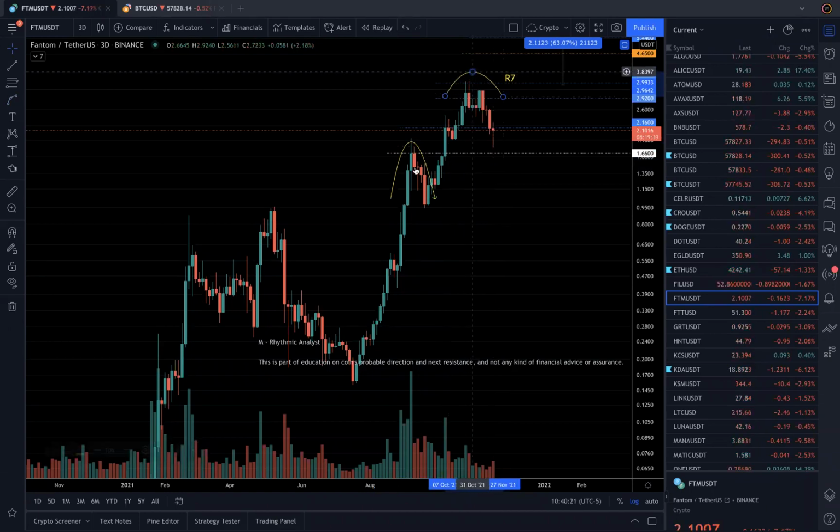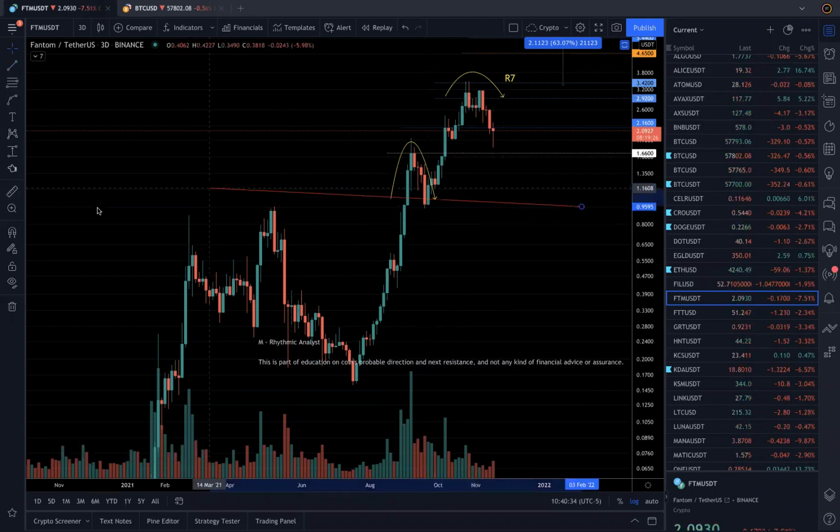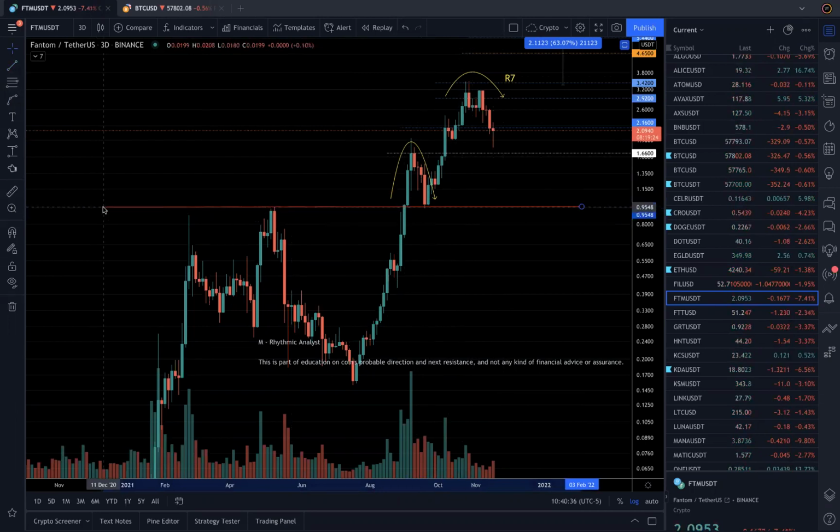You see, this is the head, this is the left shoulder, and then this gives you the neckline, which is also the high of this one. So this is so interesting. You can actually extend this whole thing like this. This is the most important boundary. If this is broken below, this is the end game for FTM.